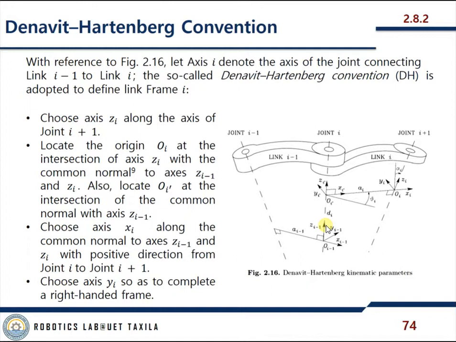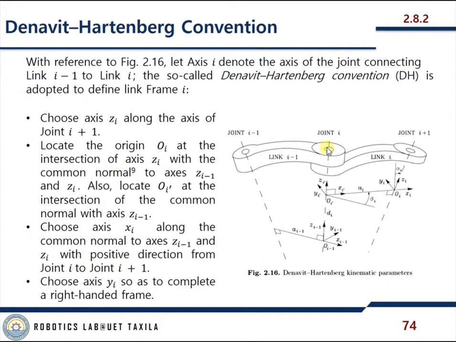Then I locate the origin Oi at the intersection of axis Zi with Zi minus 1. This is going to be my intersection point, and I'm going to call it Oi, the origin of frame i.